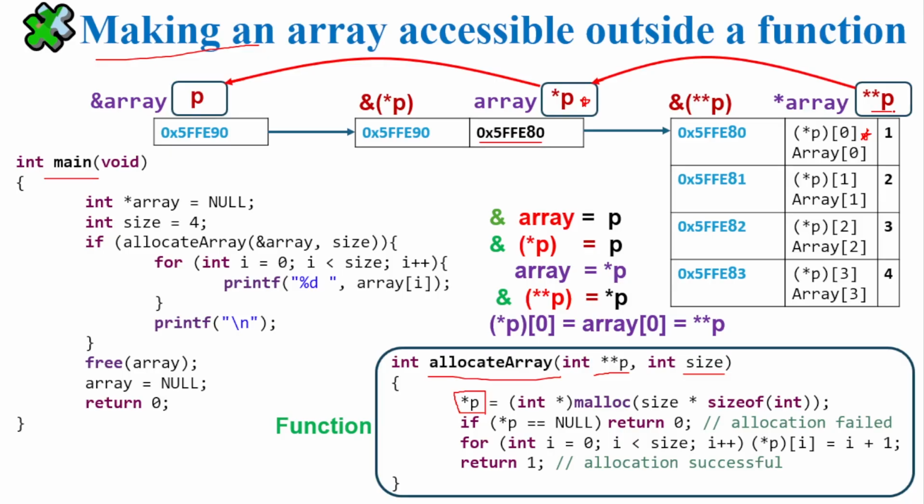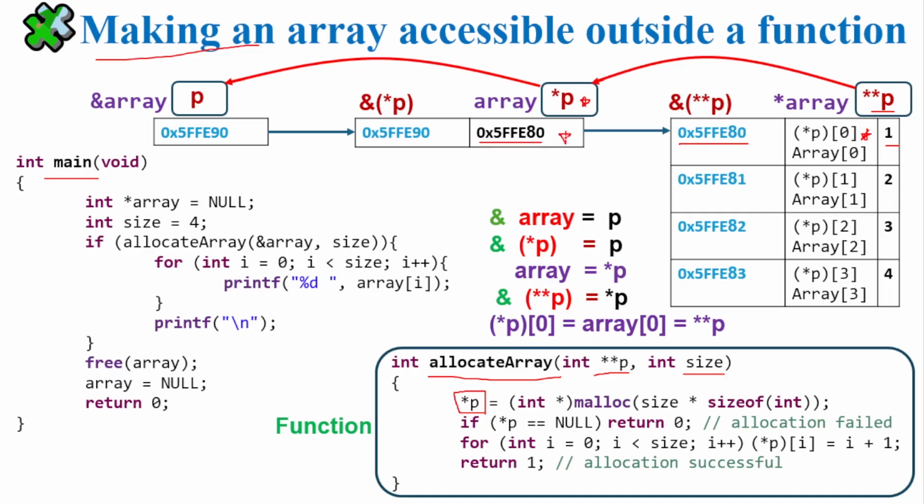Therefore, we can say that the first element of the array has the value **p equal 1. And the memory address of this element is &**p equal 5FFE18. Looking closely, the address of the first element, or &**p, corresponds to the value stored in *p, which is the base address of the array.